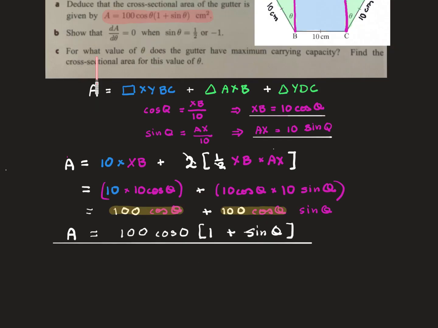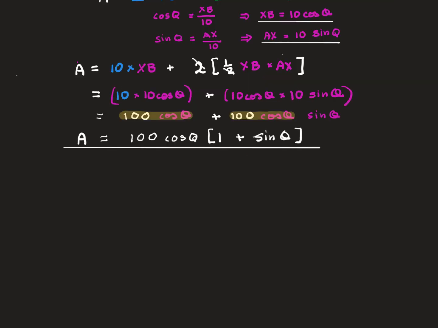Now we need to show that the derivative of that area, when it is equal to 0, will give sine theta equal to a half or minus 1. This means that we need to do now dA over d theta. This is going to be a product rule of cos theta and 1 plus sine theta. So I'm not going to involve the 100 in here.